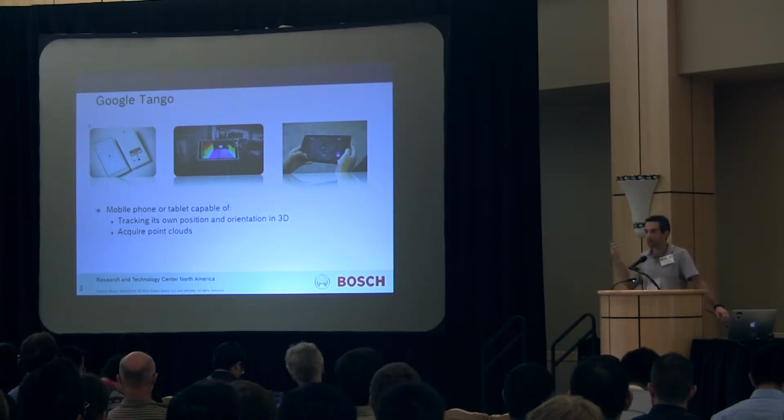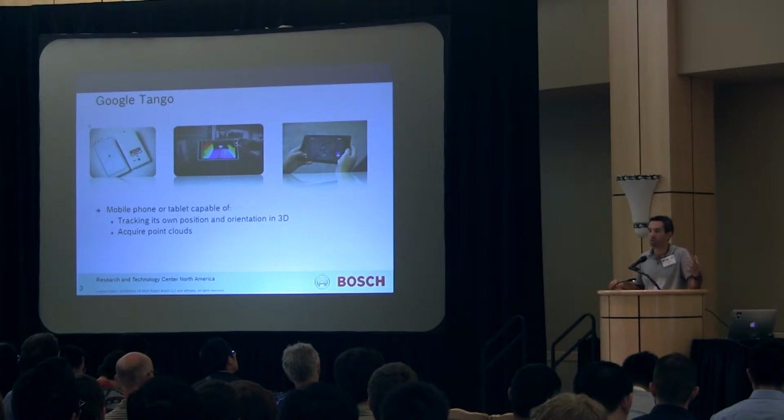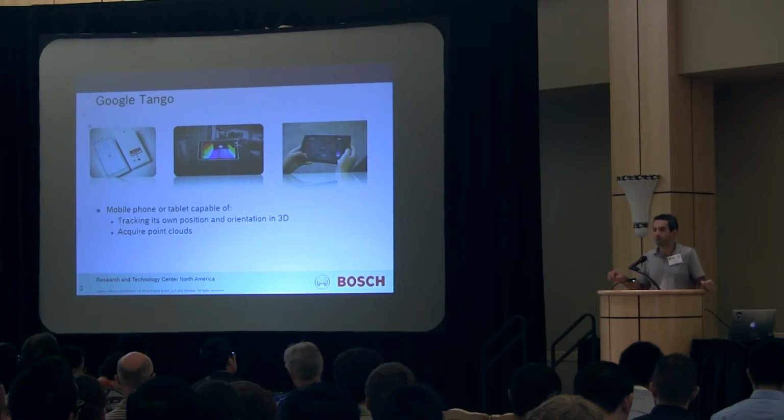That is the main tool that we're using for this project for acquiring 3D point clouds. The main advantage is that since the Tango knows its own 3D position and orientation, it helps a lot in aligning the data and creating a coherent point cloud from several snapshots in large buildings.